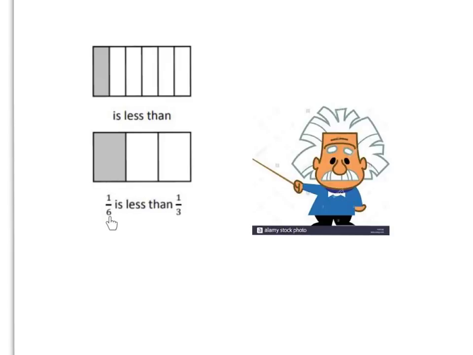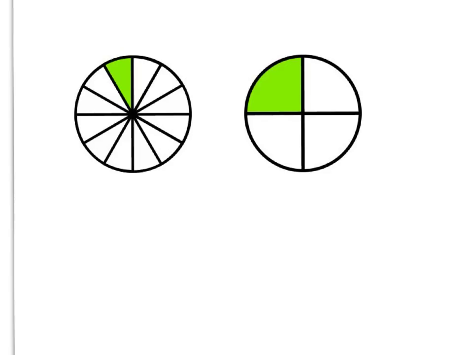The bigger the denominator or bottom number, the smaller the fraction. The smaller the denominator, the fraction is larger. Look at these two examples right here. I can clearly see they're both circles. This is clearly 1/4.